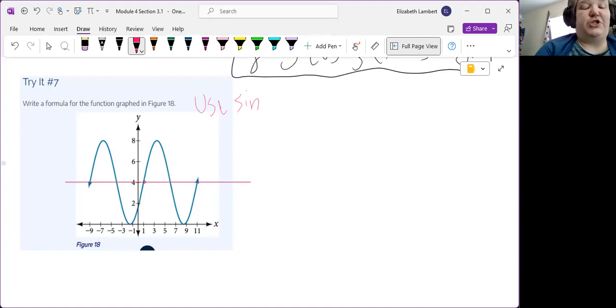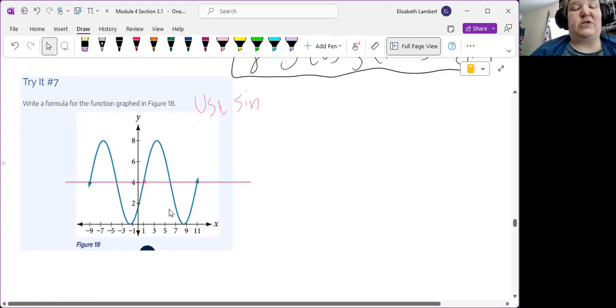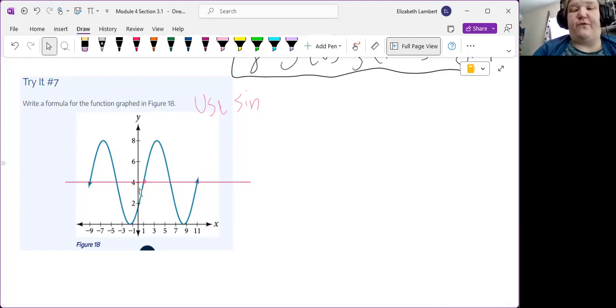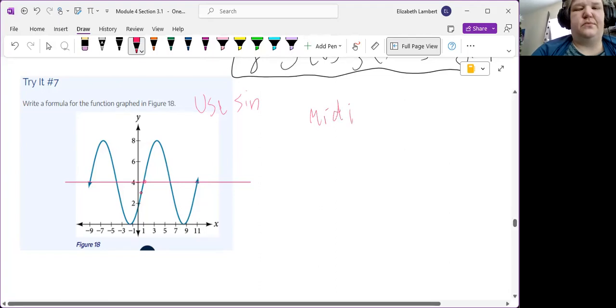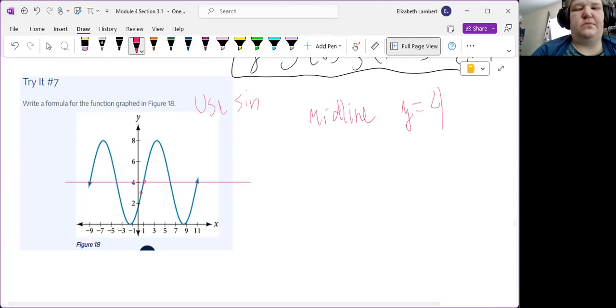So our sine function starts at 0, 0. This graph here starts at 1, 4. But we can see our midline is at 4. So our k value in our function is going to be +4.